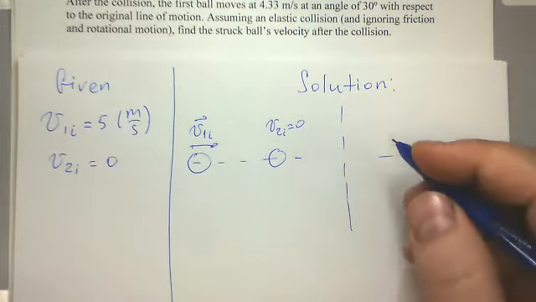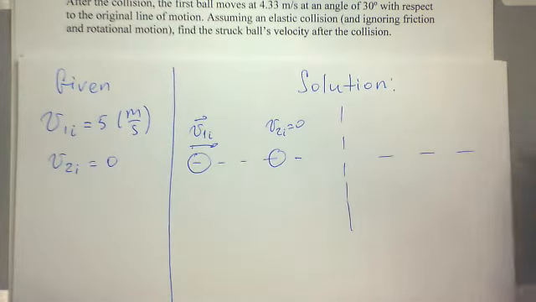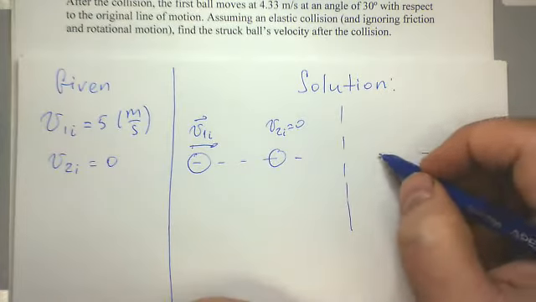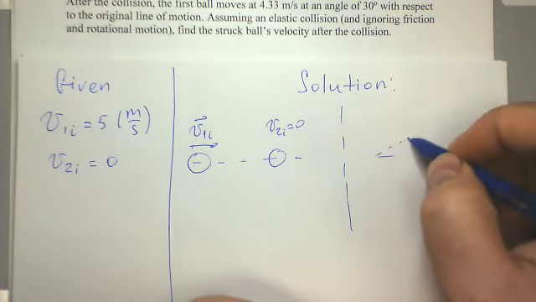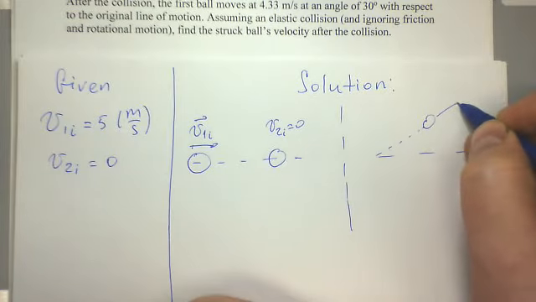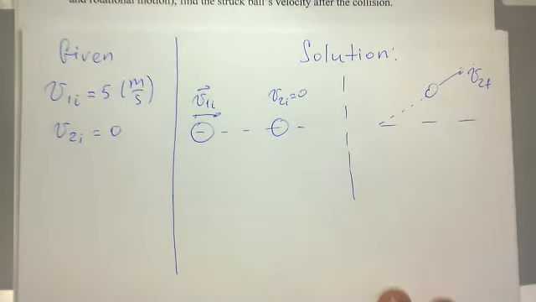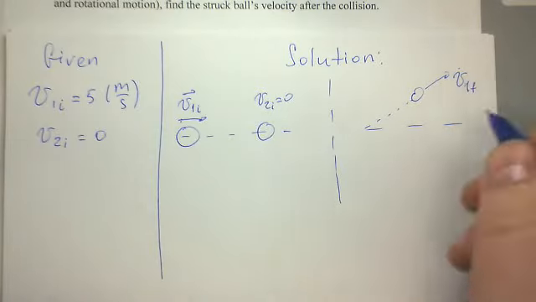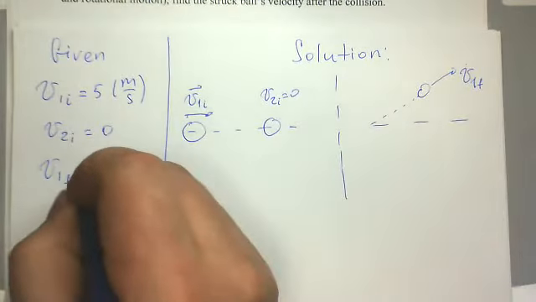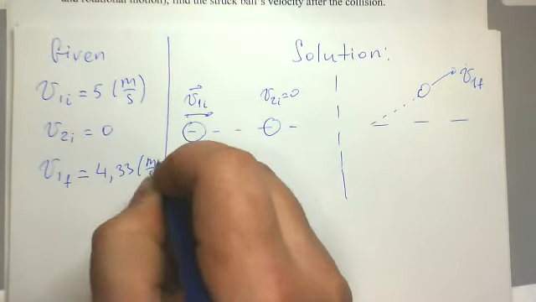After they interact with each other, they move along different lines, not along the initial line of interaction. The first ball is moving with some final speed, v1 final, and this is given. Its absolute value is 4.33 meters per second.